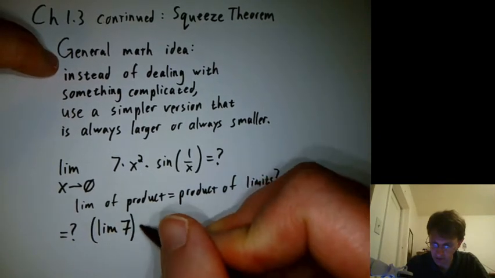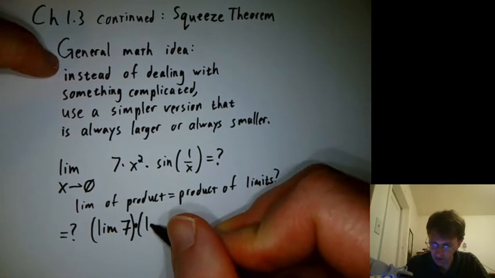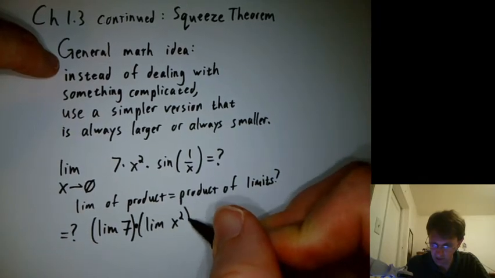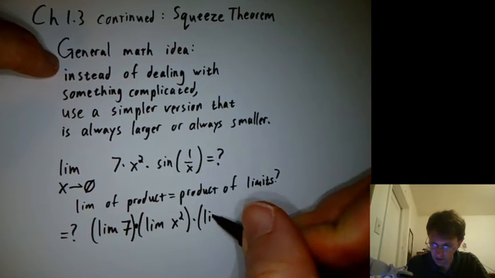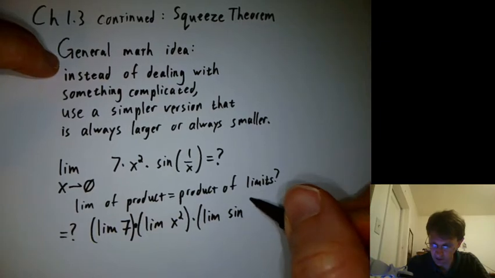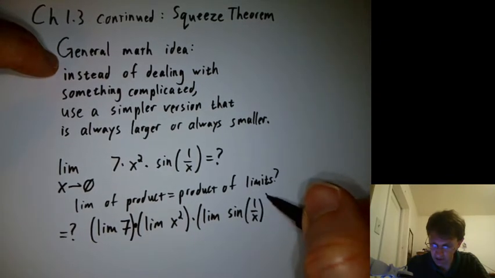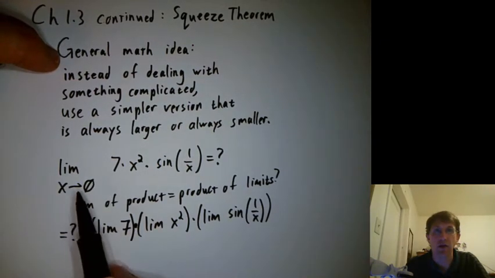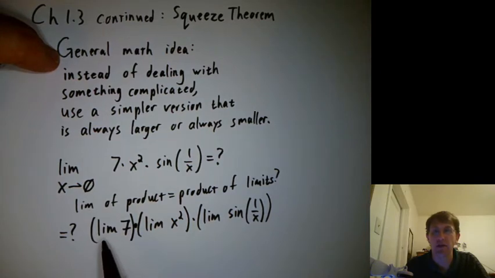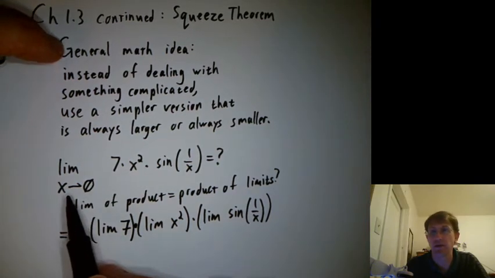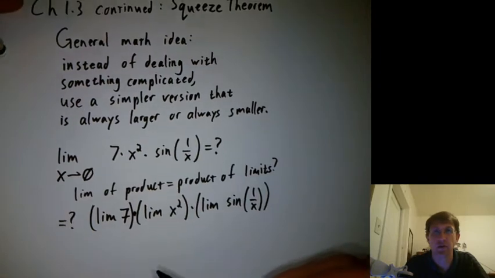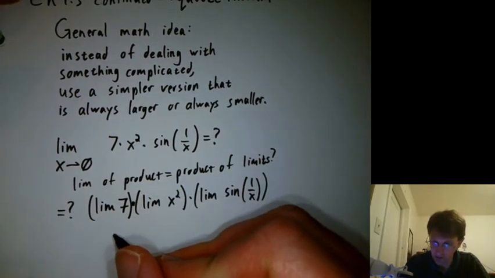So the limit of 7 times the limit of x squared times the limit of sine 1 over x. And again, if you don't write what x goes to, it's just the same as it was before. That's the default.